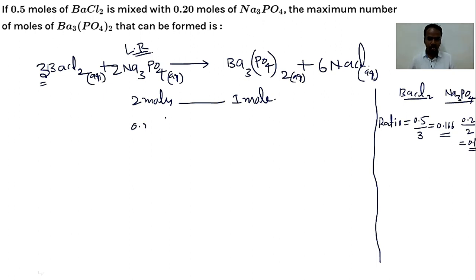So 0.2 moles of sodium phosphate can produce how many moles of barium phosphate? 2 gives 1, so 0.2 becomes 0.1 mole. That's all. In this question, the limiting reagent is sodium phosphate.